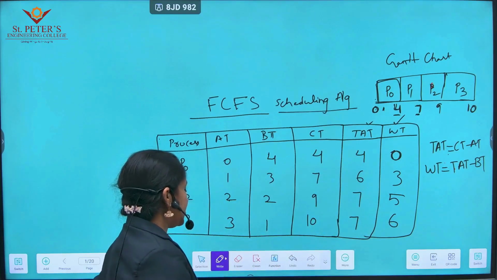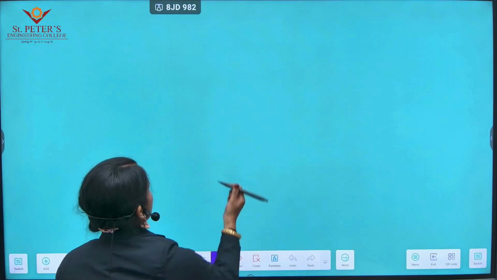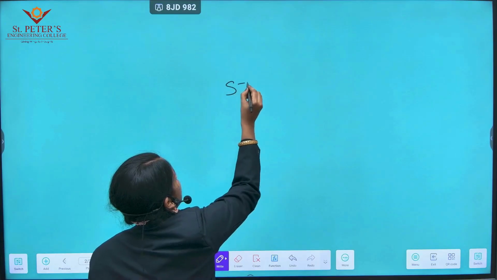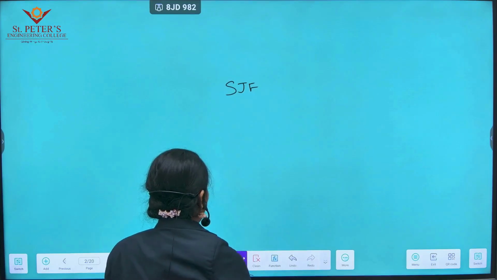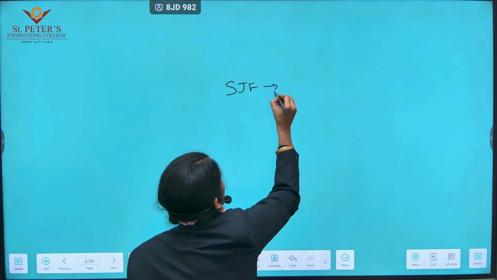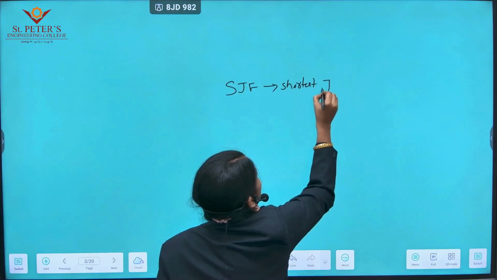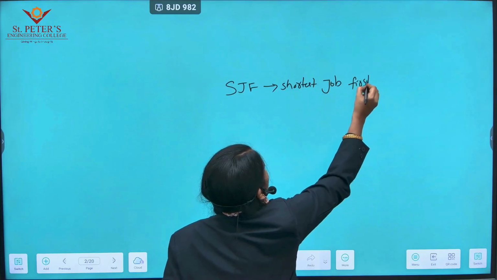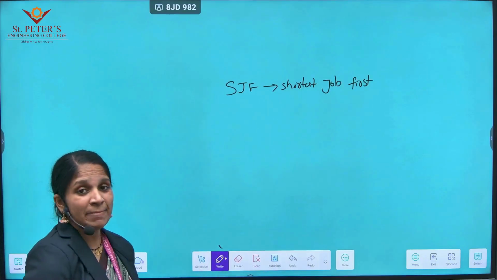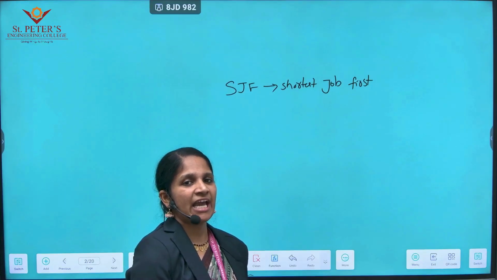Okay. Next we will discuss shortest job first, that is SJF. Shortest job first. So here, the process whose burst time is less will be executed first.